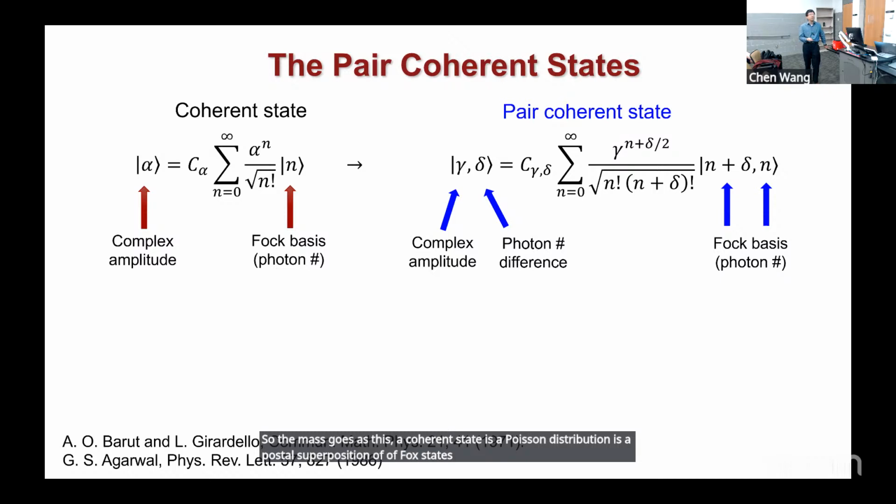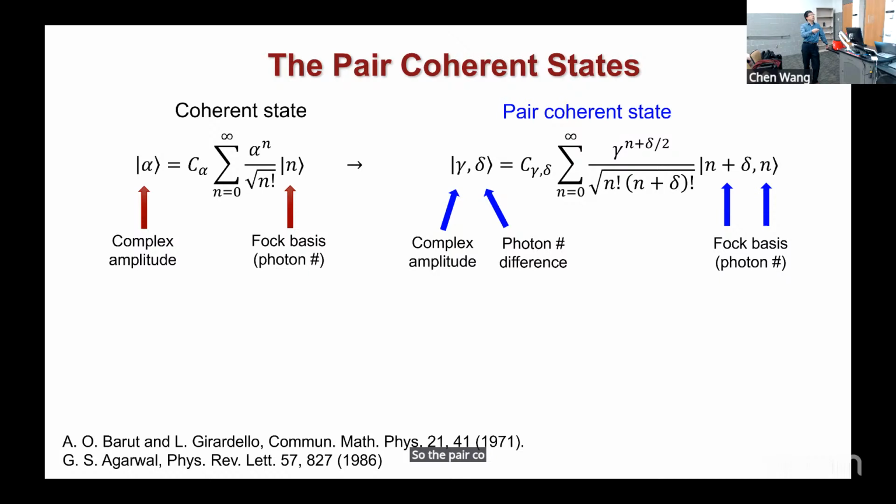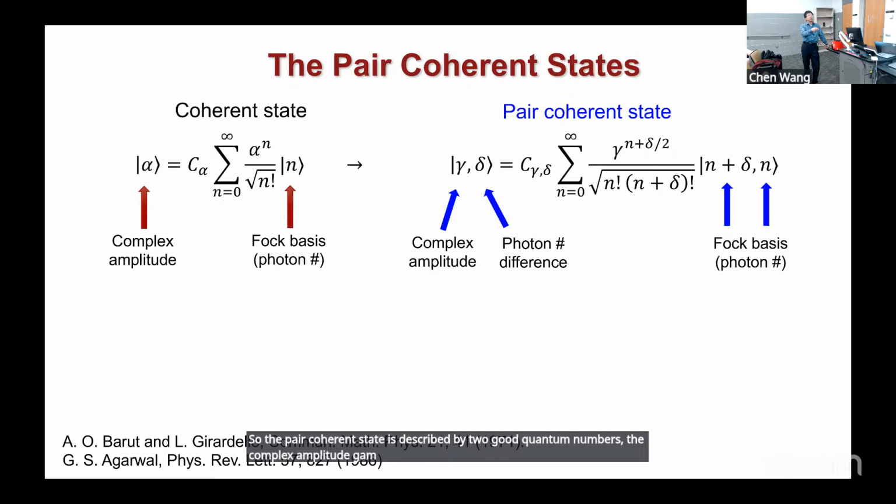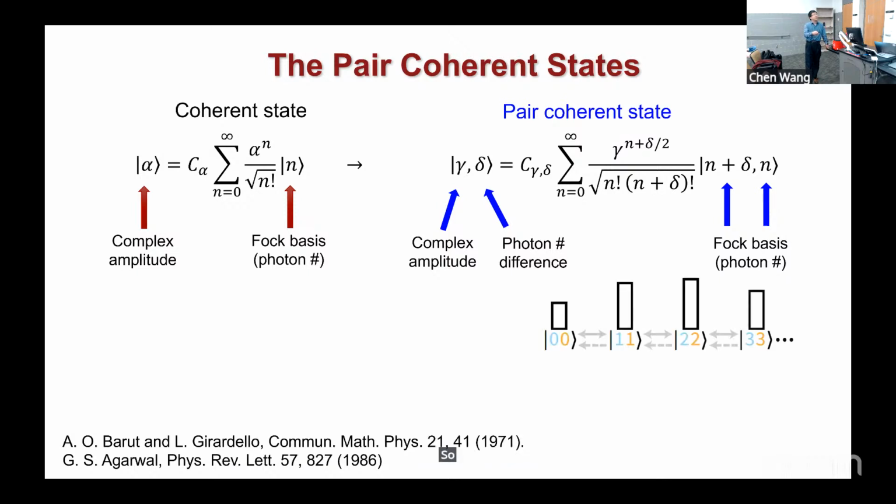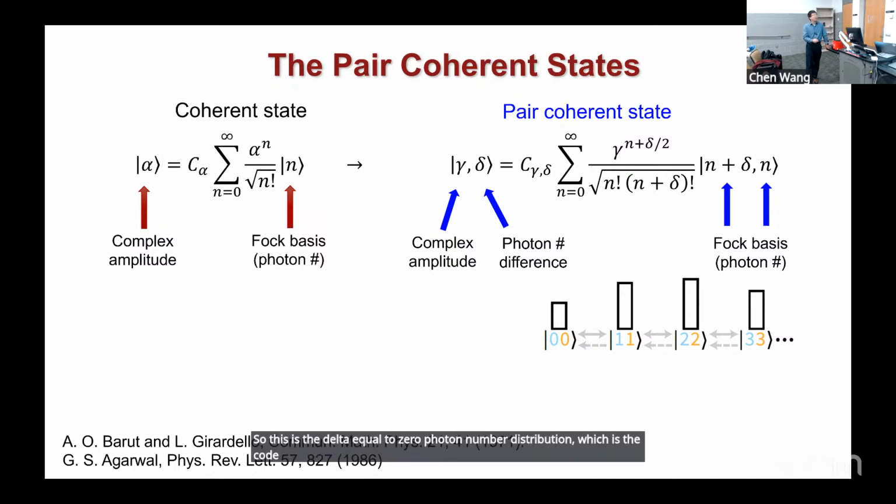And the pair coherent state, by extension, is a Poisson distribution of the pair Fock state, where you have n plus delta photons in cavity A and n photons in cavity B. So the pair coherent state is described by two good quantum numbers: the complex amplitude gamma, just like alpha for a coherent state, and the photon number difference delta, which describes the photon number in A minus the photon number in B. So this is the delta equal to 0 photon number distribution, which is the code state we want to work with.